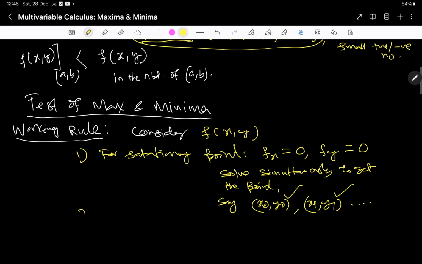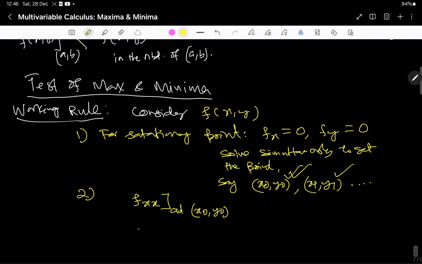Then we have to find the second derivative. We find f_xx at the point x0 y0, then we find f_xy at this point x0 y0, then we find f_yy at this same point we are considering.